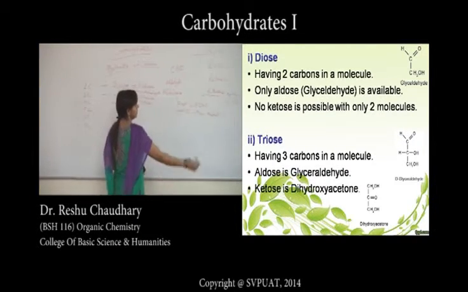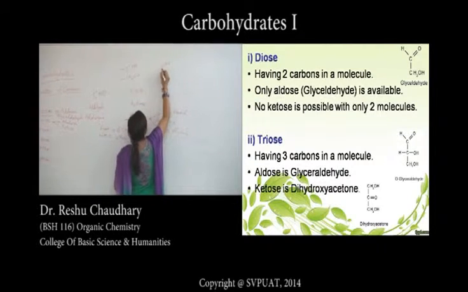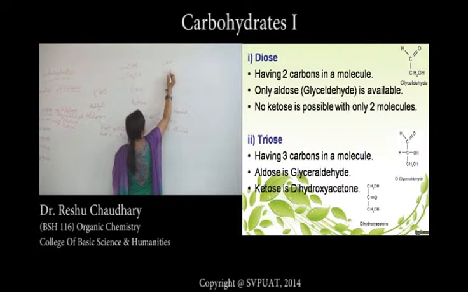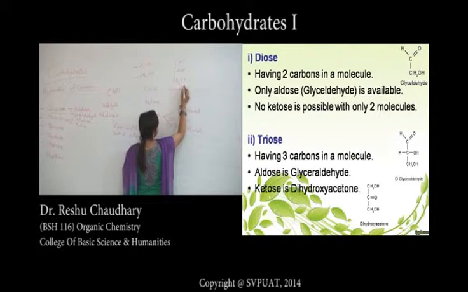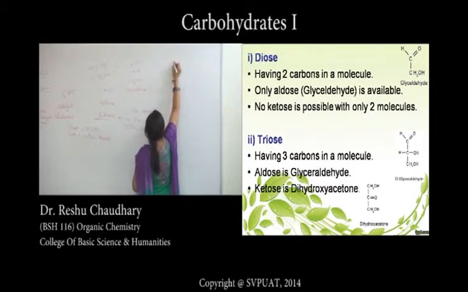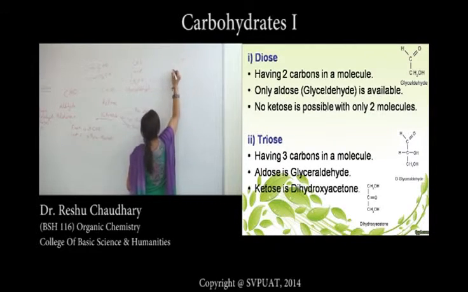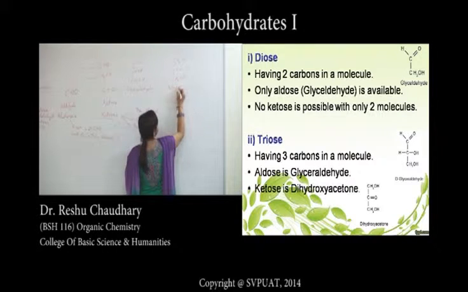The aldose will be glyceraldehyde, CHO, CHOH, CH2OH. This is glyceraldehyde. And CH2OH, CO and CH2OH is dihydroxyacetone, or ketose.